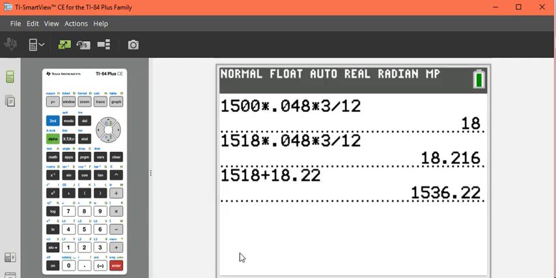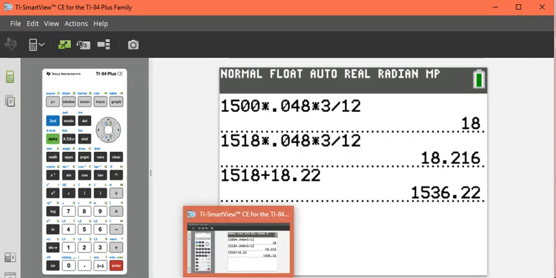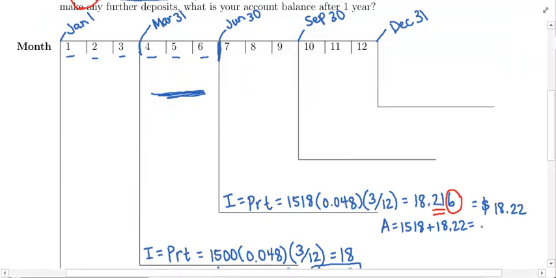And that will give us an ending second quarter balance of $1,536.22. Let's go ahead and write that down. $1,536.22. That's halfway through the year.